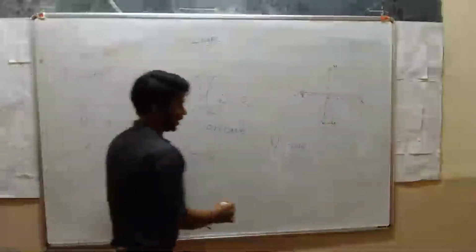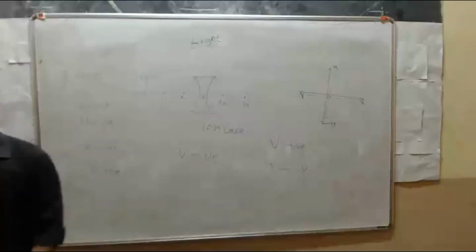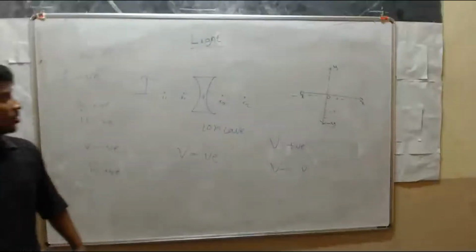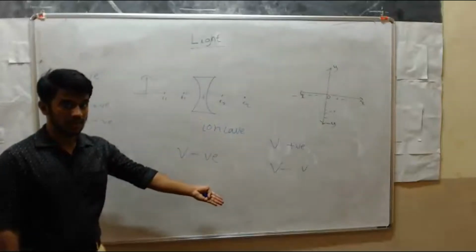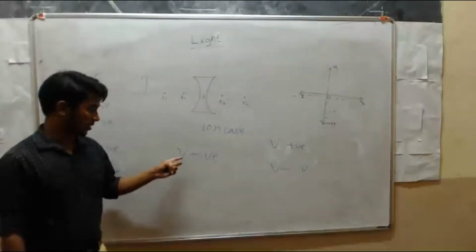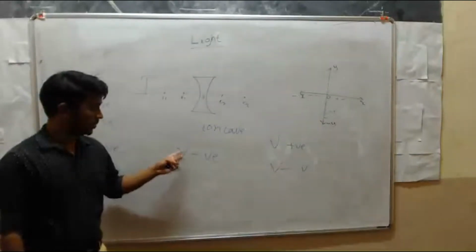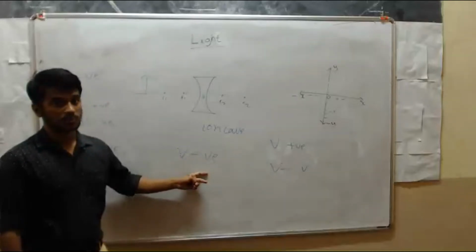If you get v values in negative, then the image is virtual. We studied that the images formed by the concave lens are always virtual and erect. So for a concave lens, you should get the image distance in negative only.